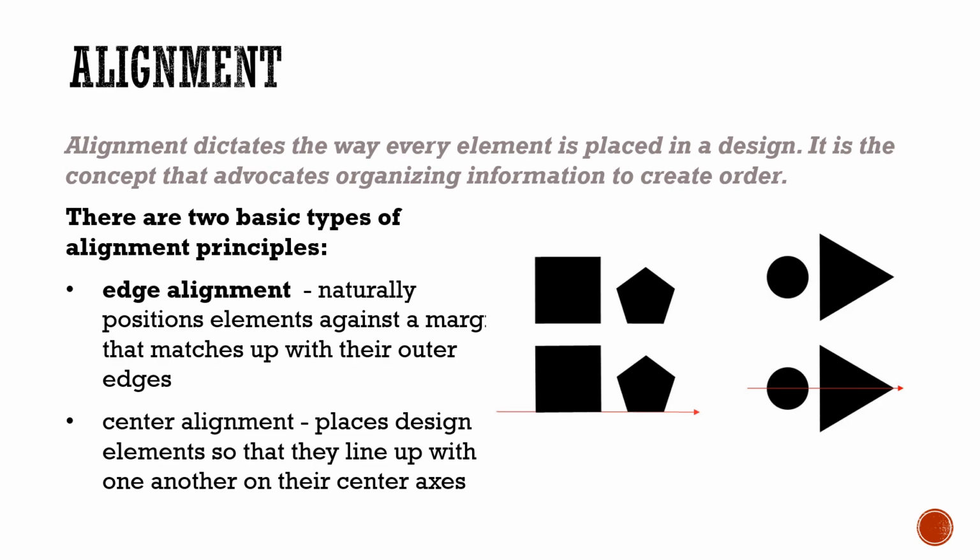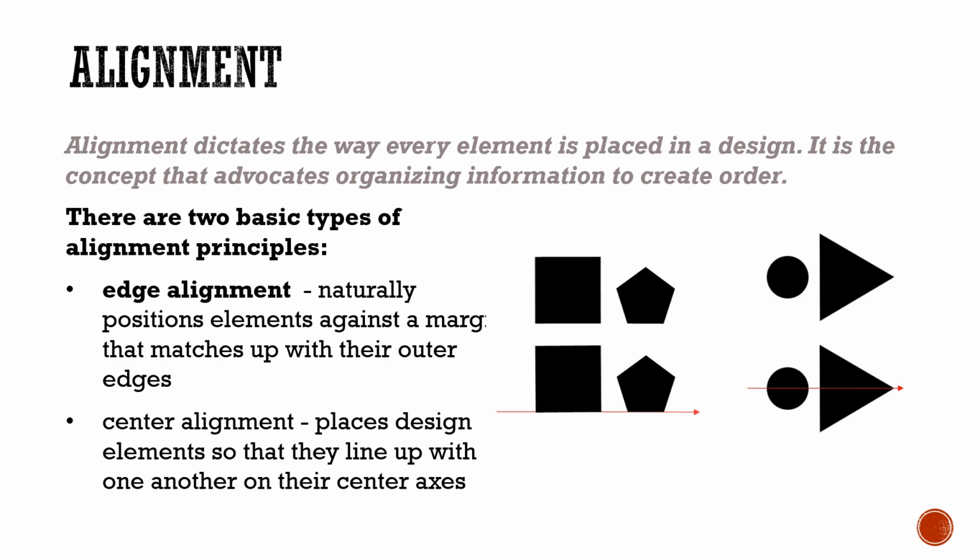Now, the two basic kinds of alignment are edge alignment and center alignment. Edge alignment positions elements against a margin that matches up with their outer edges. Center alignment places design elements so that they line up with one another on their center axis. There are four types of edge alignment.